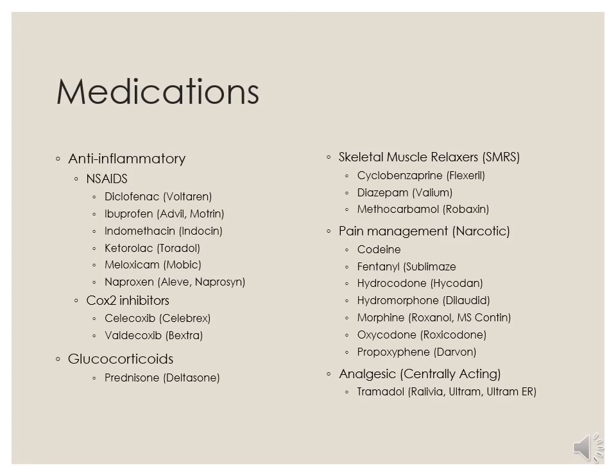This is just a generalized slide about medications that you may see related to the musculoskeletal system. So a lot of times, most of these, as you will see, are pain medications. So you have your NSAIDs, we have glucocorticoids, skeletal muscle relaxers, we've got our narcotics, and our centrally acting analgesics.